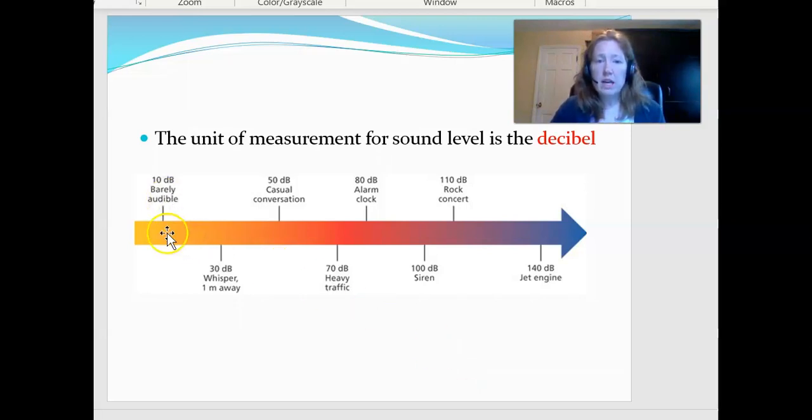So 10 decibels, barely audible, is hundreds of times quieter than a whisper, which is hundreds of times quieter than a casual conversation. Even though an alarm clock looks only mildly quieter than a siren, that's not actually true, because it is a log scale.